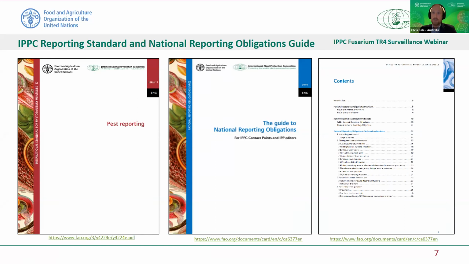And it's also critical that for FAO and, more broadly, key donors and funders, support for TR4 response and management activities is triggered through the reporting process. So it's very hard to request funding or support or technical support unless you've actually reported officially through the NRO process. So again, a very critical part of a national surveillance system. Next slide, please.